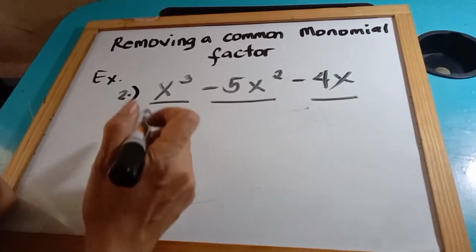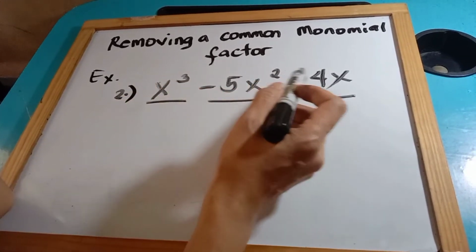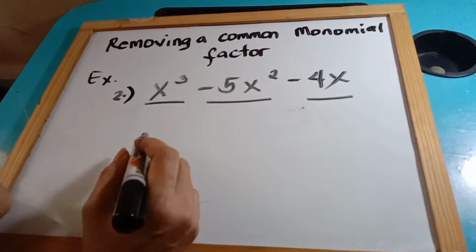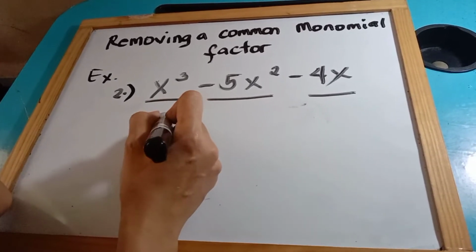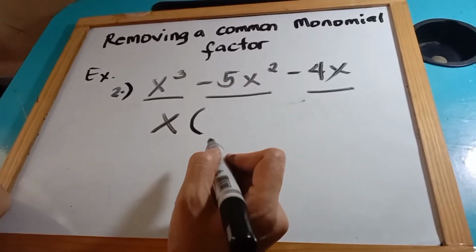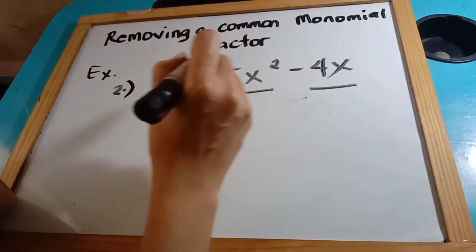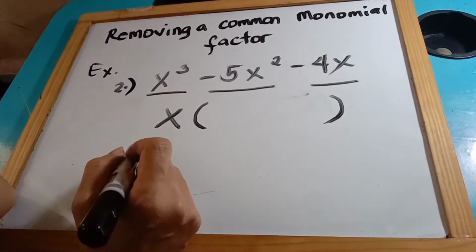Now, let's look at their coefficient. So, their coefficient is x cubed, x squared, and x. So, what is their common, or what is the common dun sa kanilang coefficient? So, that is x. X is the common factor of those three terms. Alright, so now, what's next? I-divide natin.